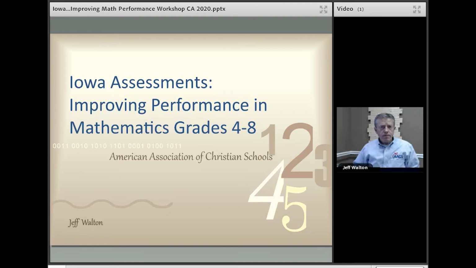There are two related workshops as part of this convention. One is Reading Between the Lines, that looks at improving reading comprehension scores for our students. And then a workshop that precedes this one that's about analyzing reports for identifying content areas where we need to improve as a school.